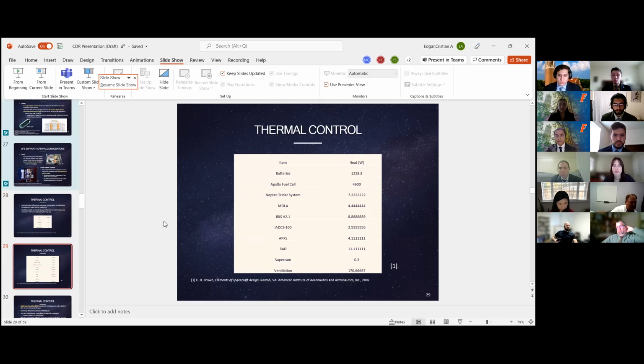Never present this many significant digits, right? You know, 7.2 repeating, 4.4 repeating. Always think about your audience and try to present things nice and crisp.